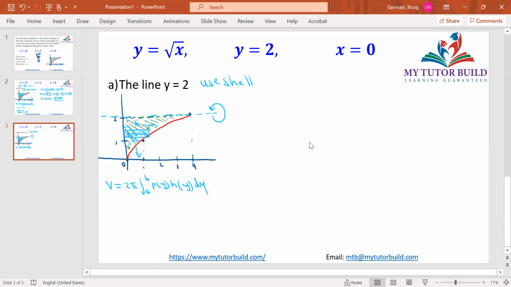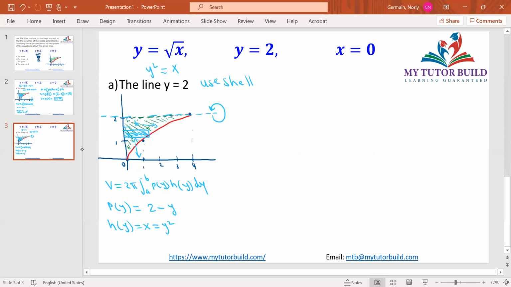So what is p of y in this case? Again, p of y in this particular case, you have the line y equal to 2, you need to subtract the y from it. So that gives you p of y, and h of y would be the same thing as we did before, simply equal to x. Remember, we said in this case, x would be equal to the square root of y squared.